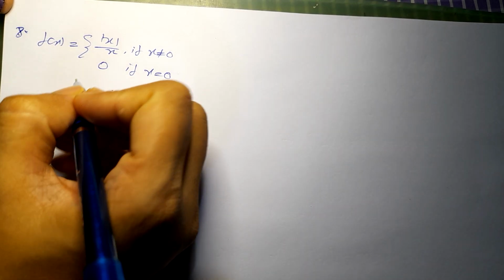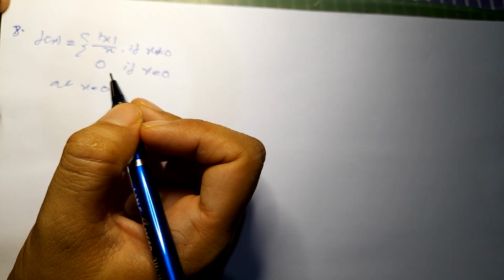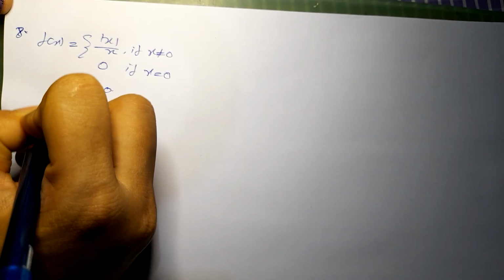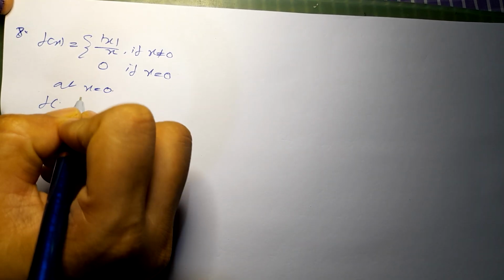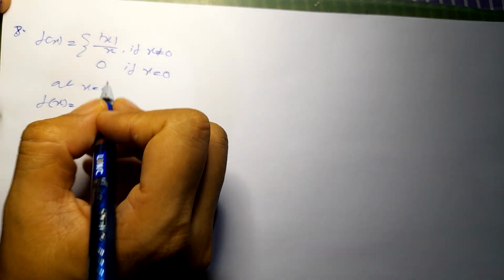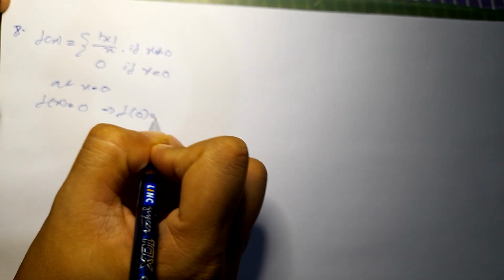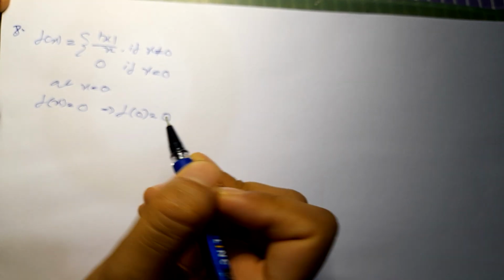So at x equal to 0, let's find f(0). At x equal to 0, f(x) will be 0, so f(0) will be 0.